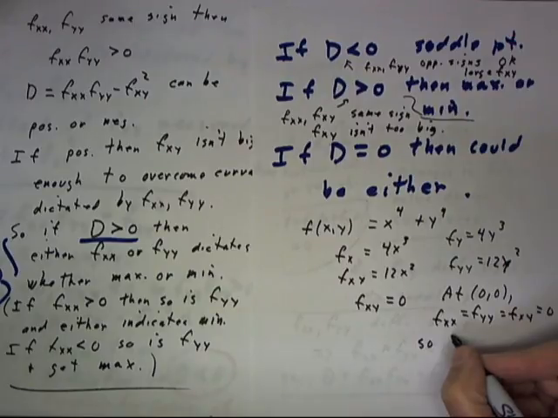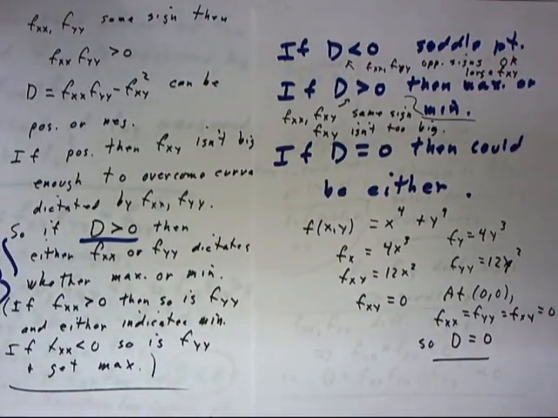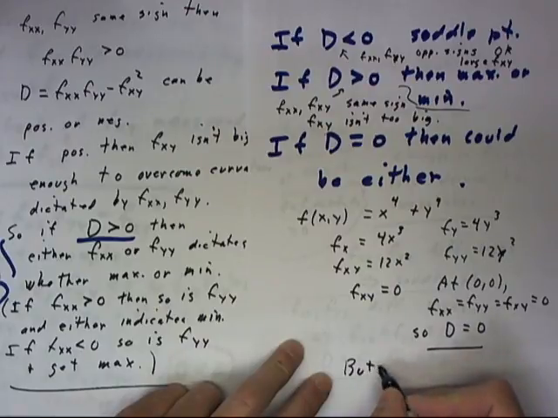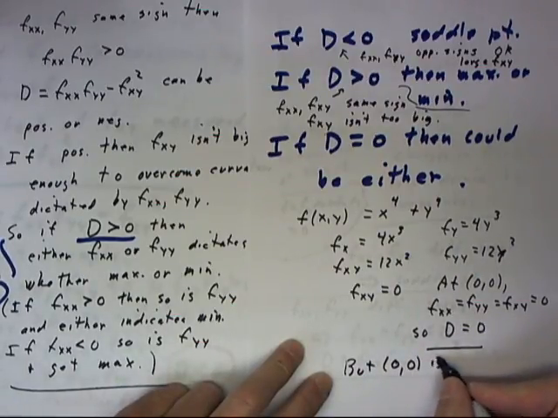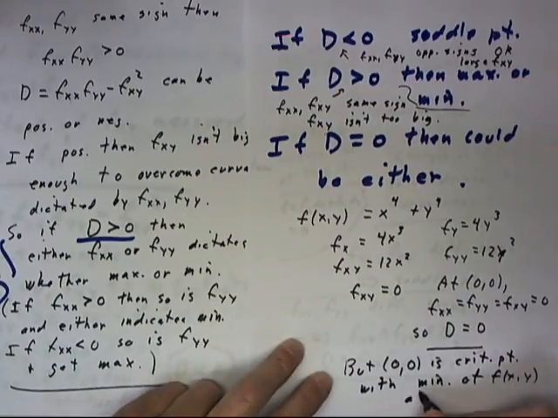So the discriminant is 0 without writing out the details. But the point 0, 0 is a critical point with a minimum of f of x, y at 0, 0.